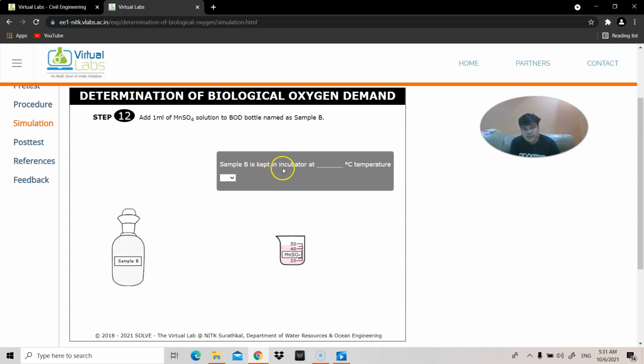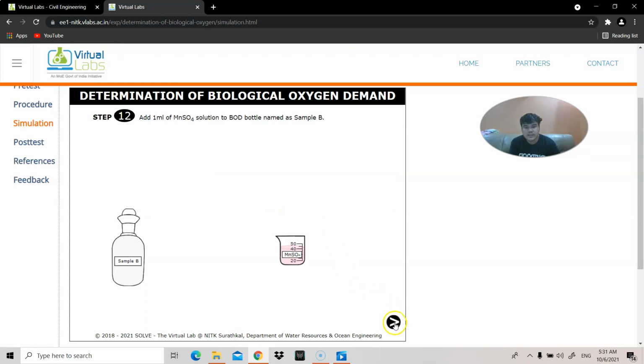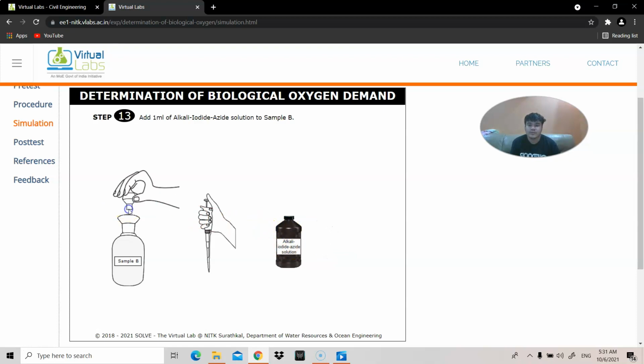Sample B is kept in the incubator at 20 Celsius. Next, step 13. Add 1 ml of alkali iodide azide solution to sample B. Close.